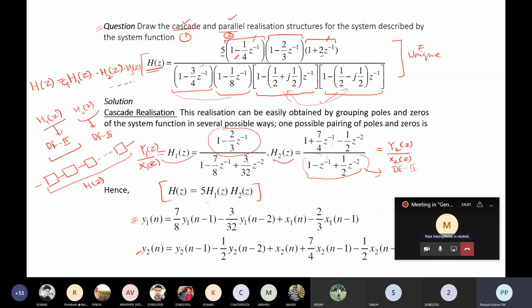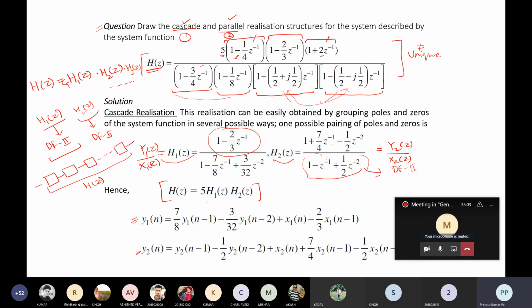Here in the question part, the given system is already given in terms of z to the power minus 1, or we can say the first order system. By making it a first order system, we can separate it. So this will be a separate term, this will be a separate term.